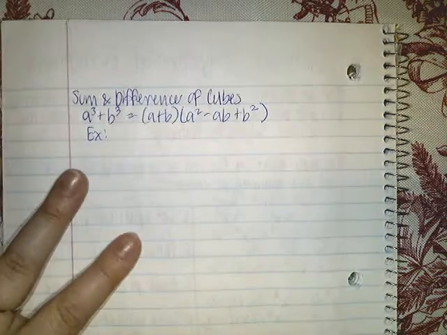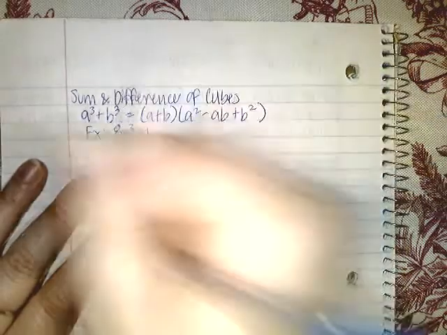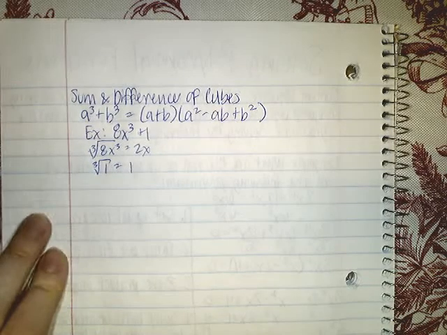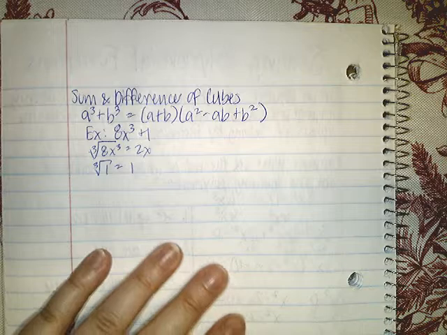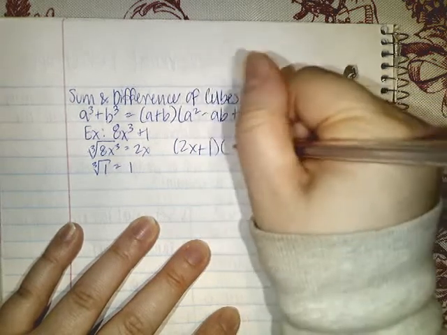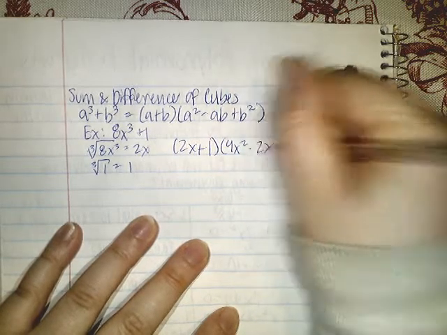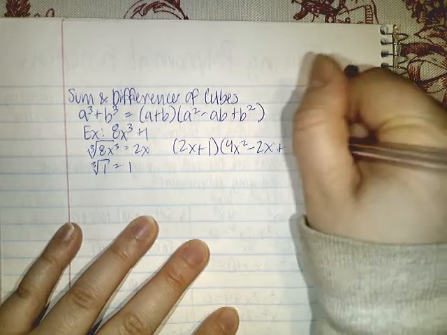An example, because I know that all those variables might look confusing, is if we had 8x cubed plus 1. The cube root of 8x cubed would be 2x. The cube root of 1 is 1. So when I factor this, I'm going to have (2x plus 1) times (4x squared minus 2x plus 1).